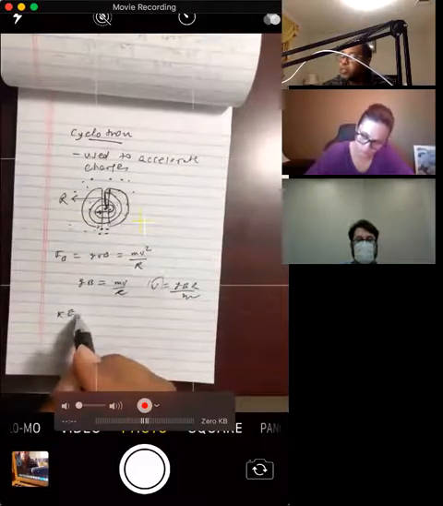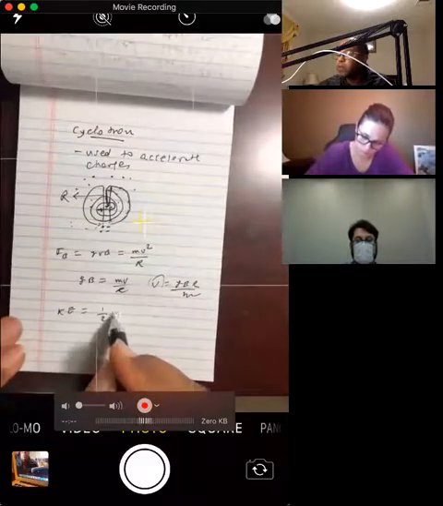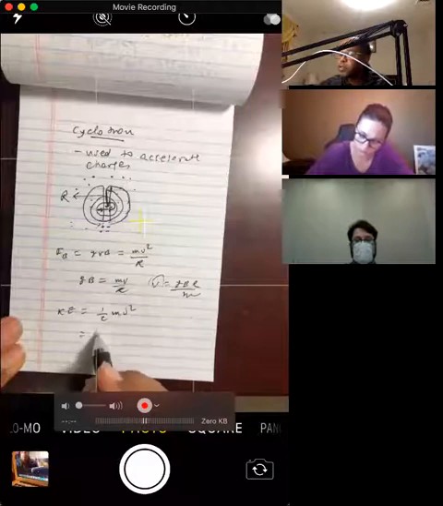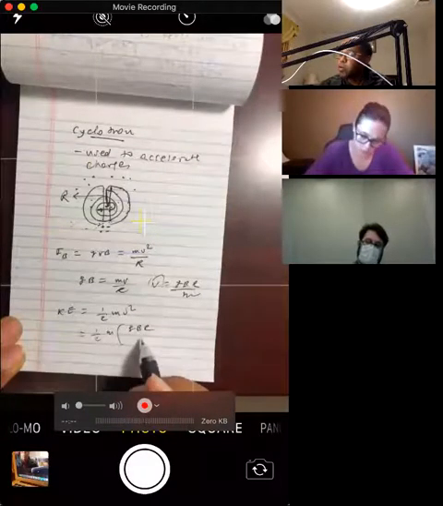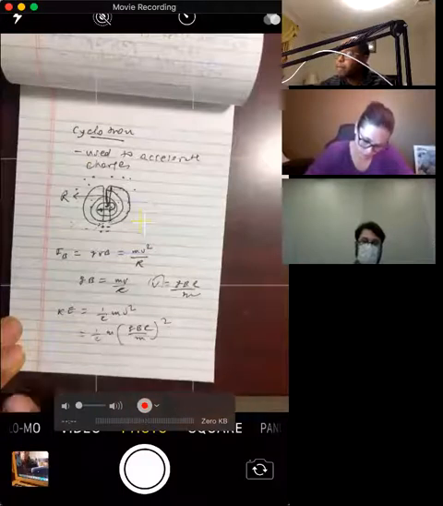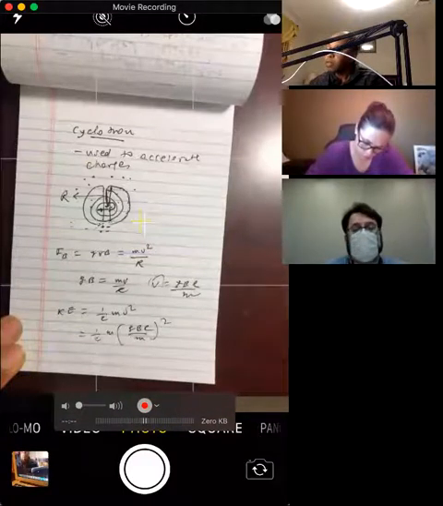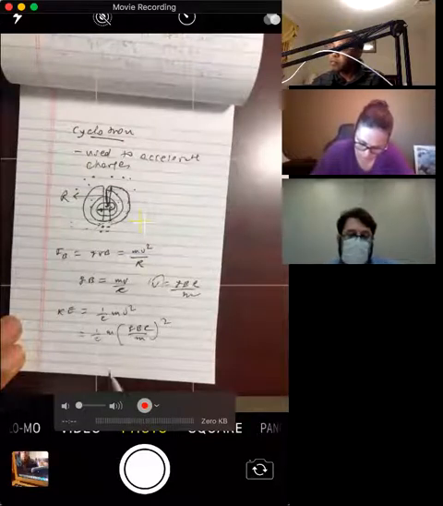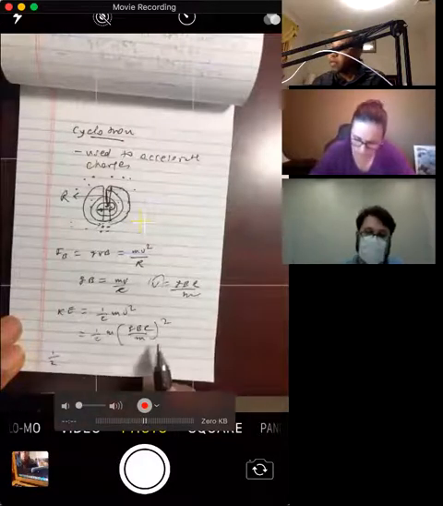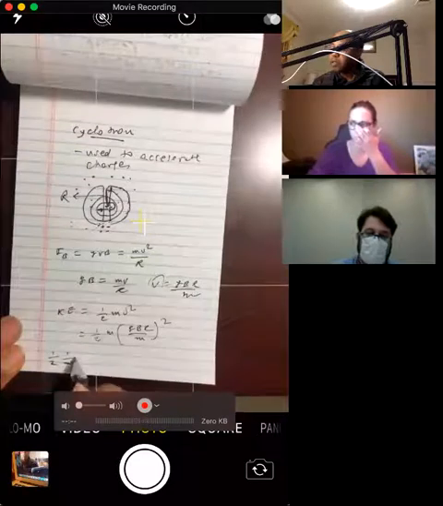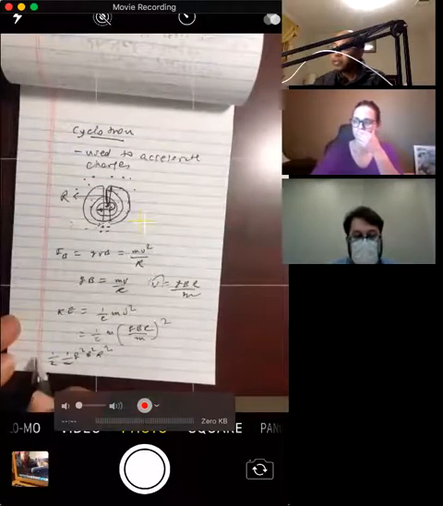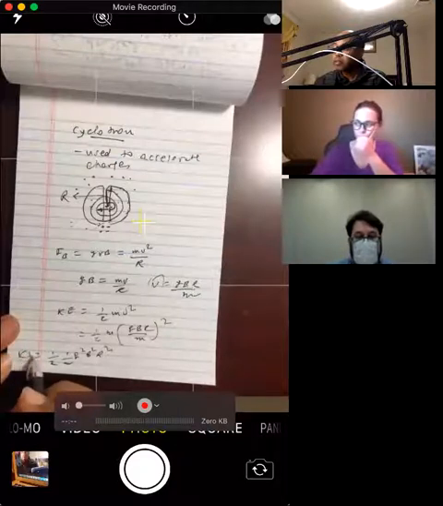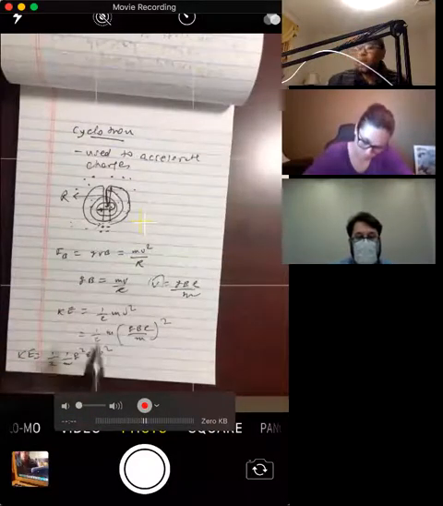The kinetic energy by the time it comes out is half m v squared, which is half m times the speed qBr over m, squared. You can simplify it if you want. Half m times that gives 1 over 2m, and then q squared B squared r squared. So finally you'll get this energetic particle when it comes out over here.